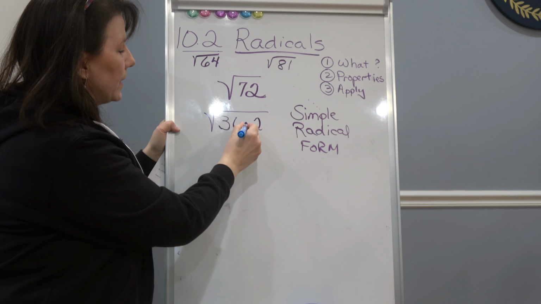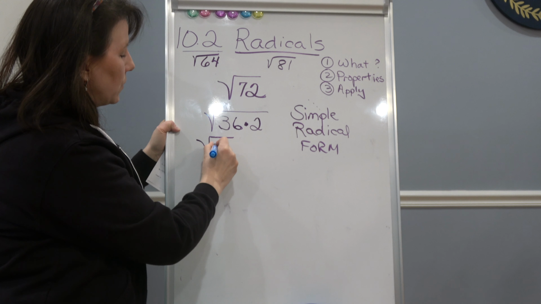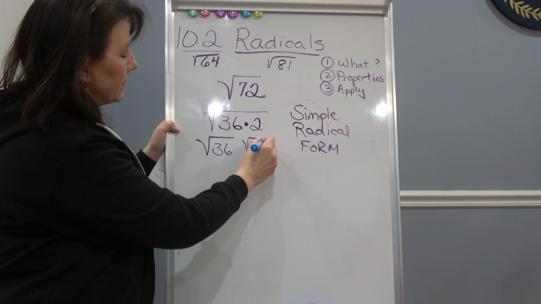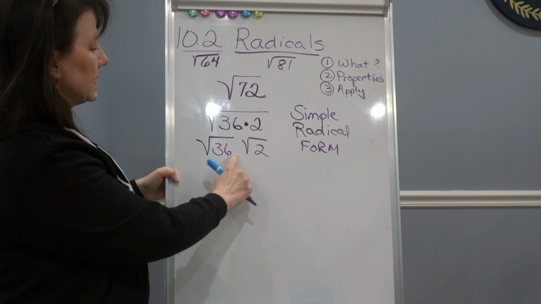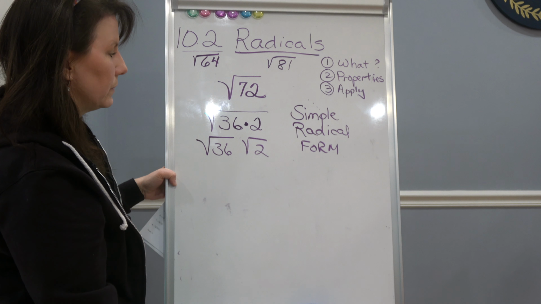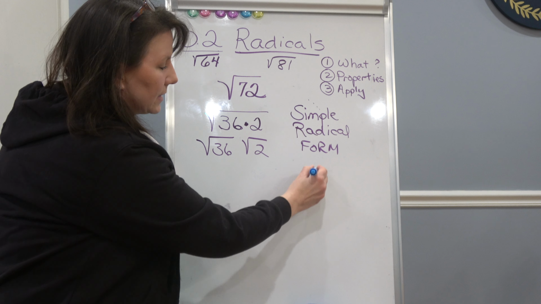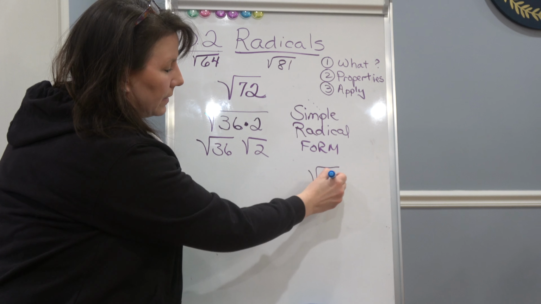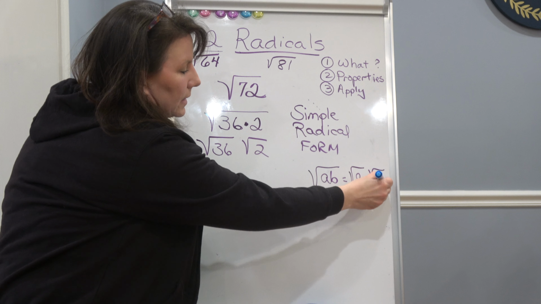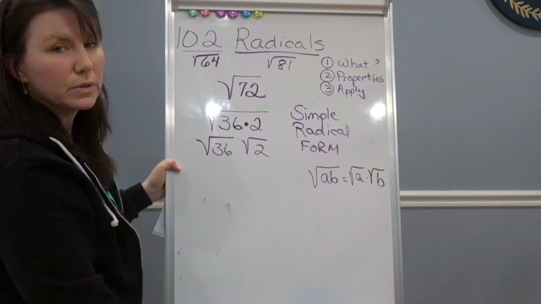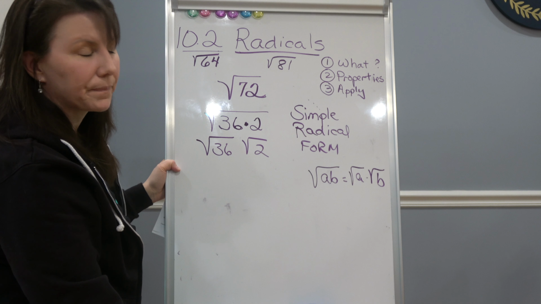And there's a property that says that we can break these square roots apart. So we could rewrite this as the square root of 36 times the square root of 2. That is a property: if you have a product, you can break it into the product of two individual radicals.